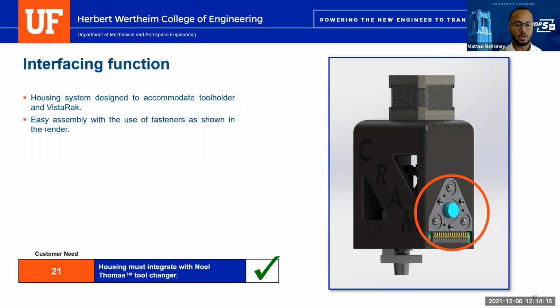Now, as far as interfacing, this design needs to be able to interface with several components of the enclosure, including the Vista Rack tips, as well as the Noel Thomas tool exchanger.